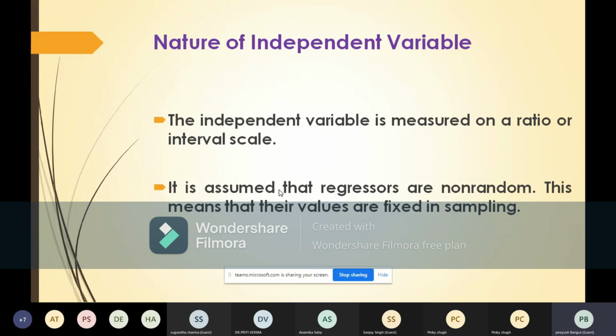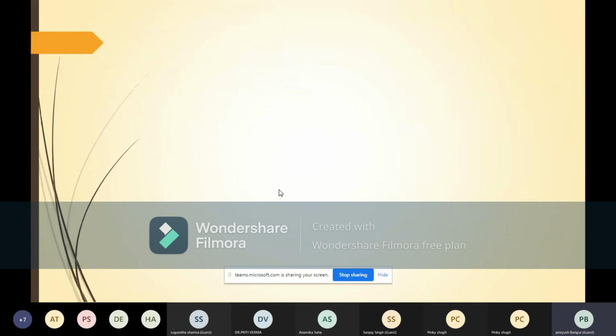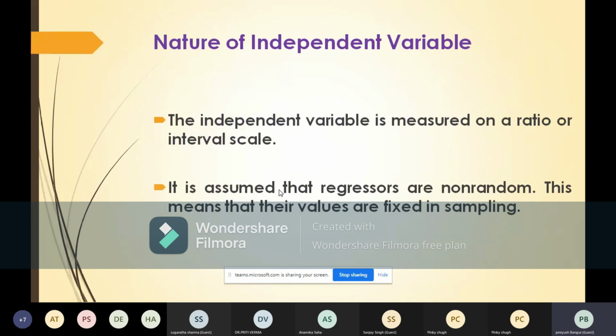This is an important aspect, because the independent variable generally shows the cause and effect relationship. So if we keep 0 1 0 1, your impact will be bounded to either 0 or 1.